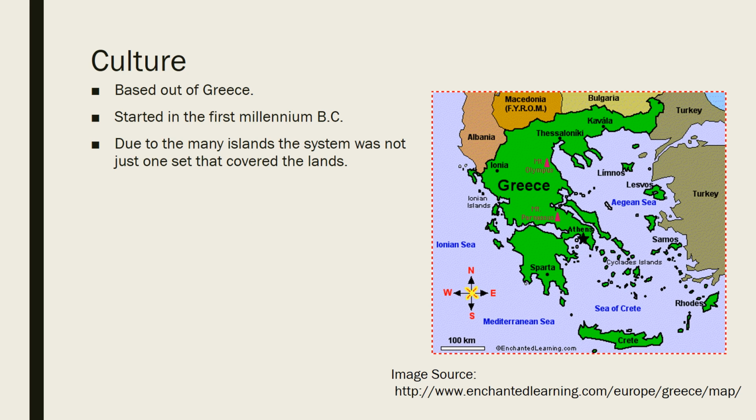The main portion of the Greek numerals is obviously in Greece, and it started in the first millennium BC. And because Greece has so many islands, each one wanted to be different than the rest of them, and they had their own system, and it wasn't regulated until much further on.